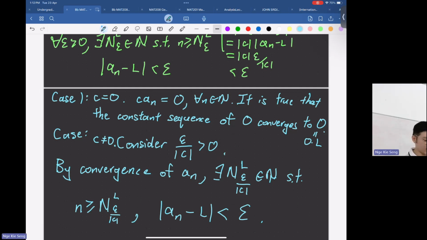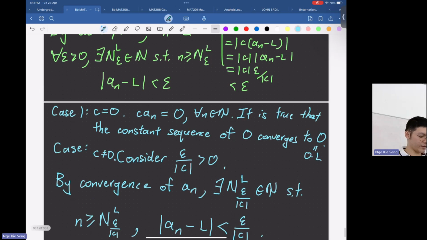Not just any epsilon, right? This is a special epsilon, epsilon over the absolute value of C.